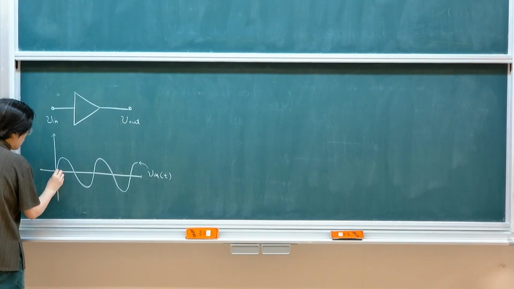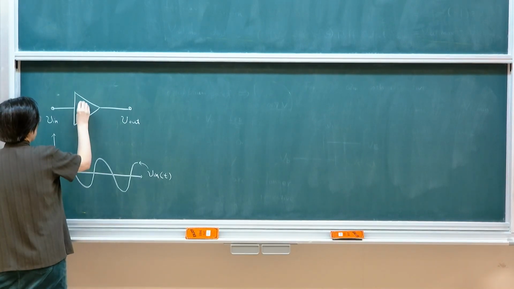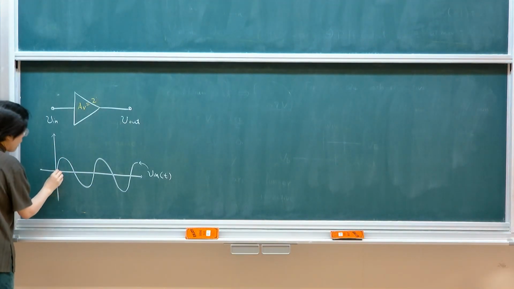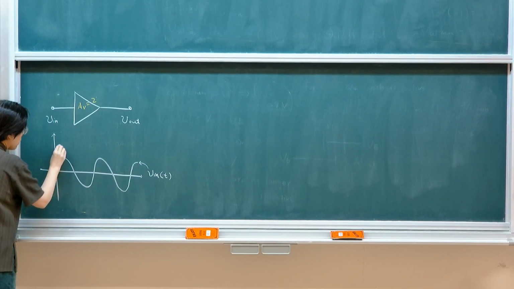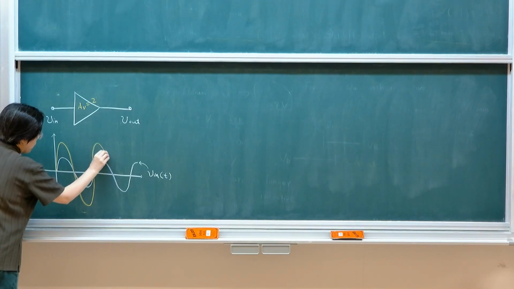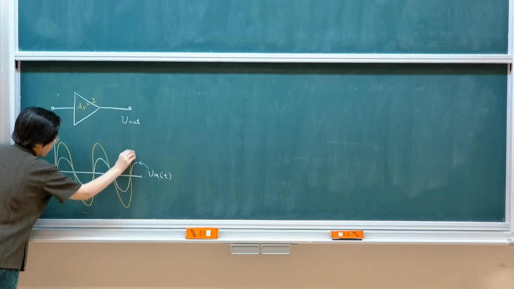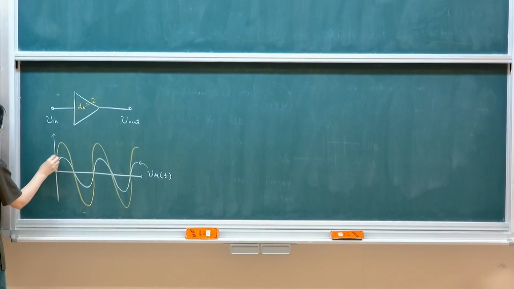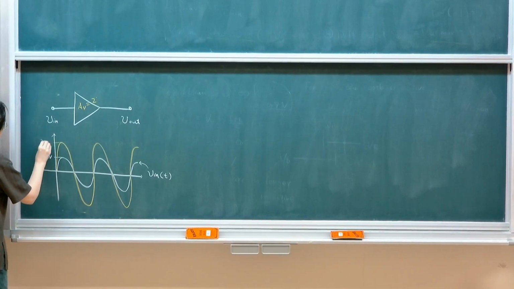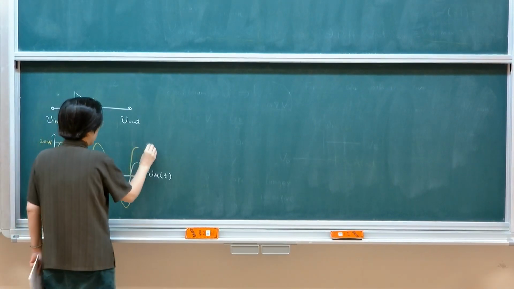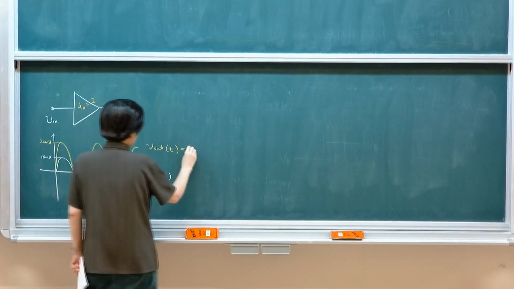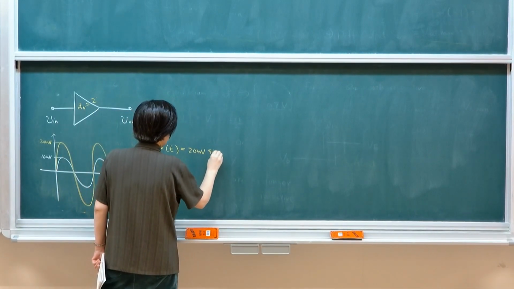So for a circuit with a voltage gain of 2, I'm designing a circuit with a gain of 2. This is your corresponding result. You expect that if this is 10 millivolt, my expected output will be 20 millivolt. So I'm assuming that Vout as a function of time will become 20 millivolt sine omega t.